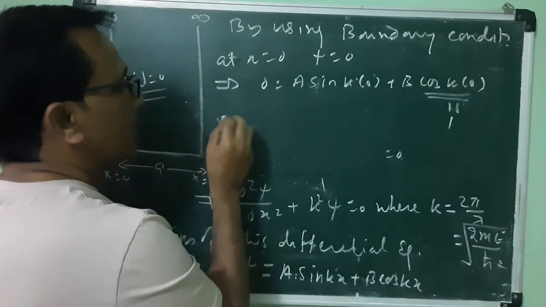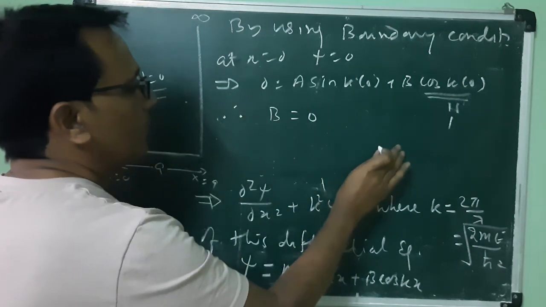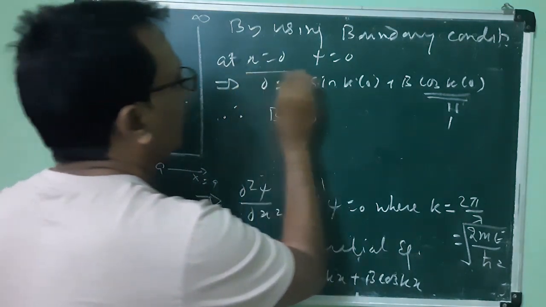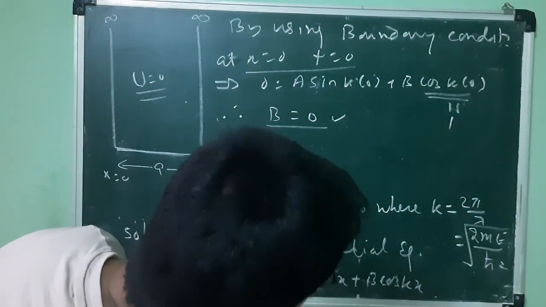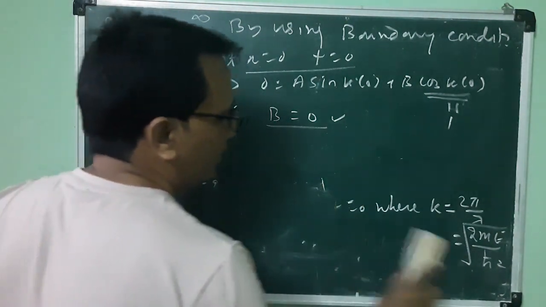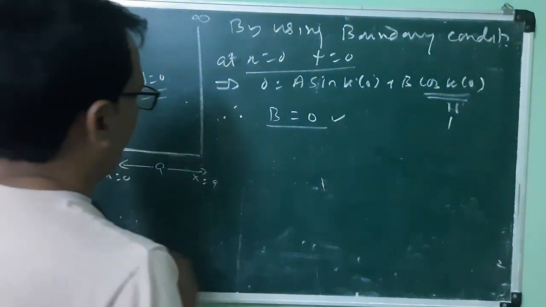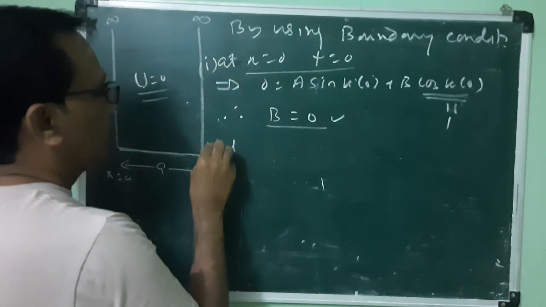So this gives B equal to 0. So by using the first boundary condition we have the output B equal to 0. Now we will use the second boundary condition, at the second wall of this one-dimensional potential well.